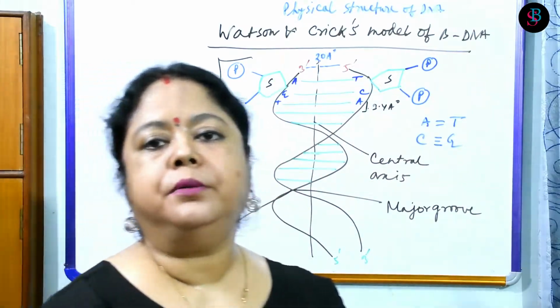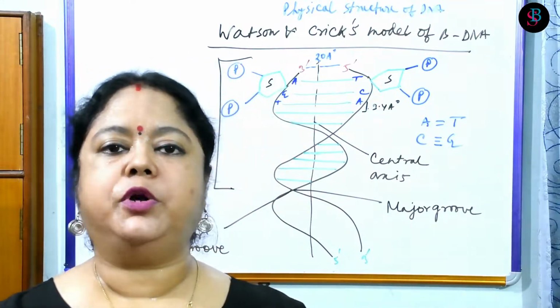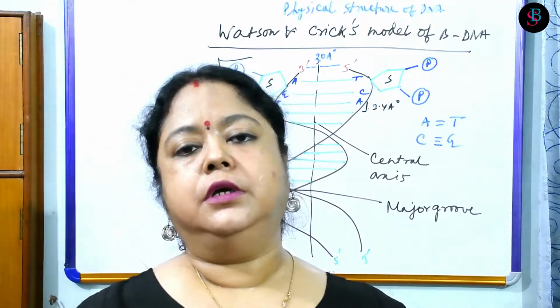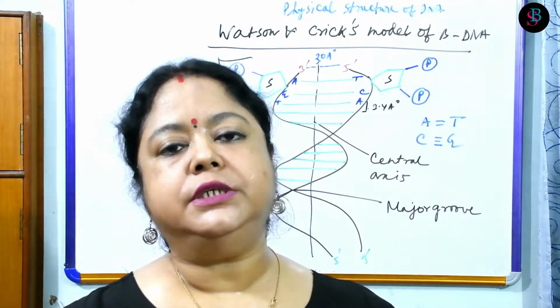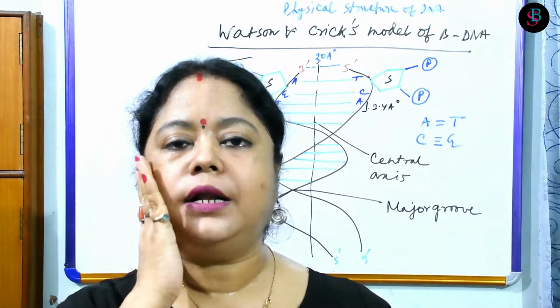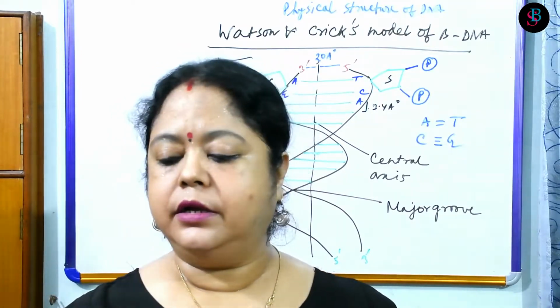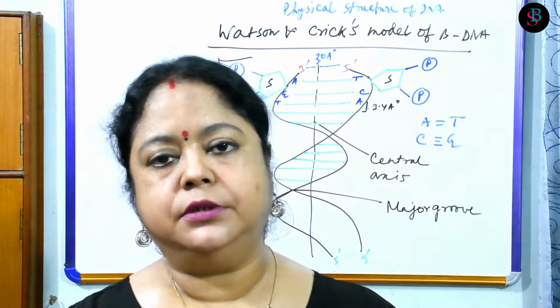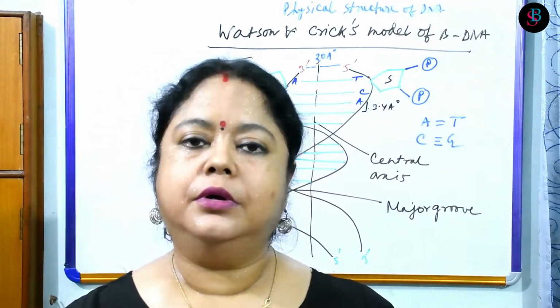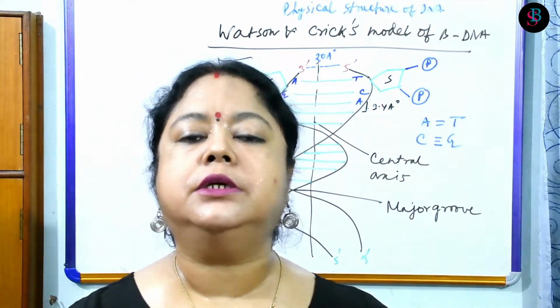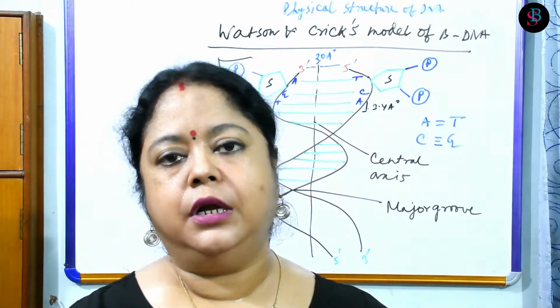Number one, polynucleotide chains are coiled with each other in an anti-parallel manner, and one is complementary to the other. Number two, the diameter of the DNA is 20 angstrom.